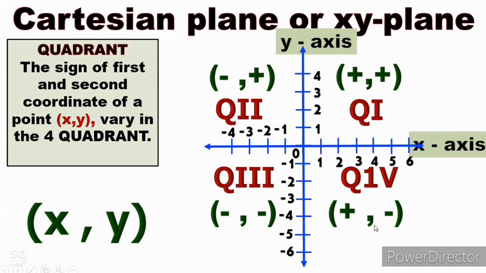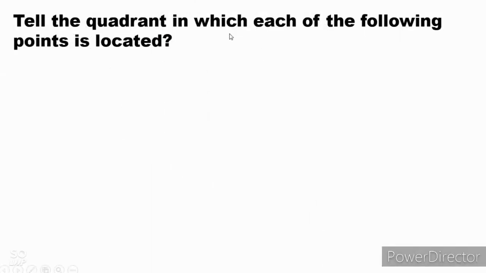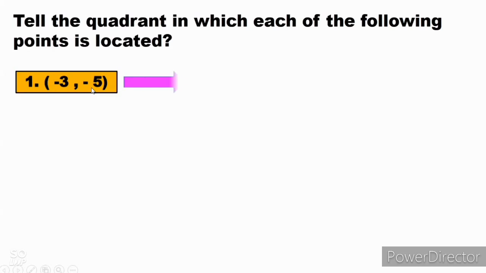Okay, para mas lalong maintindihan, let's have this activity. Tell the quadrant in which each of the following points is located. Number 1, negative 3, negative 5. If you're going to observe, they are both negative.